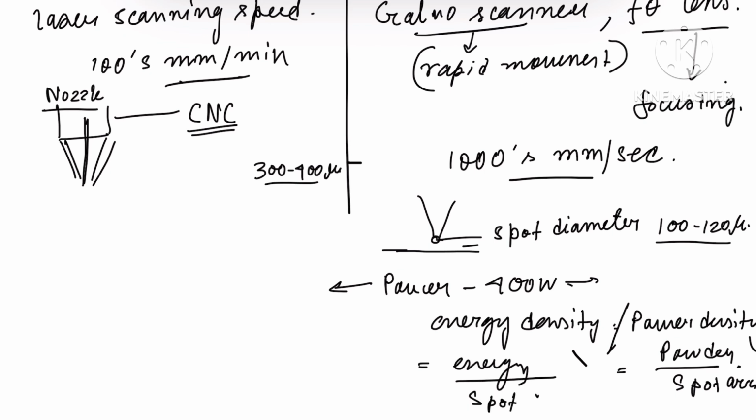As this diameter is so less, the energy density or the power density will be very high in case of LPBF rather than DED.